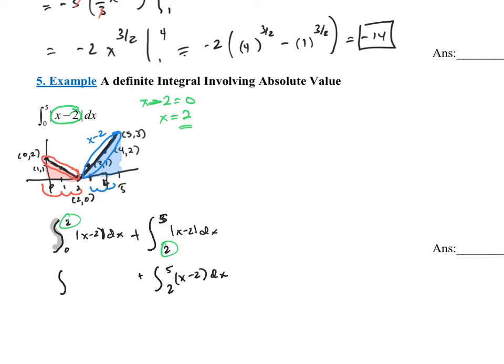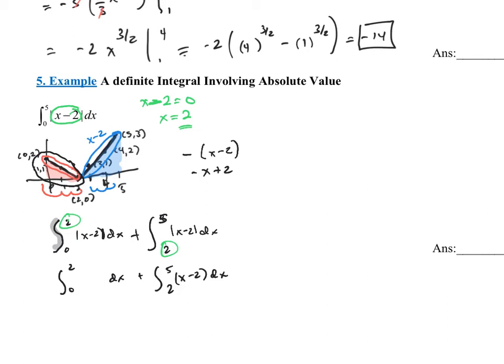So the question then becomes, how about the area from 0 to 2? What do I need to integrate? Well, anytime I am less than 2, I always have to find the opposite of that number. In other words, I need to find the opposite of whatever x minus 2 was. We'll distribute that negative and you end up with negative x plus 2.